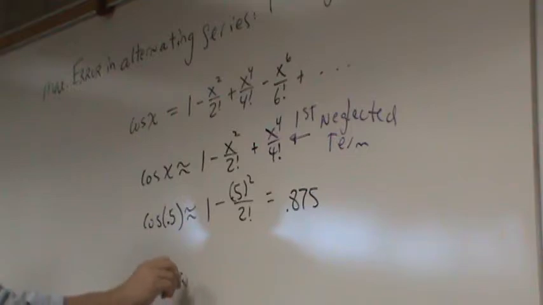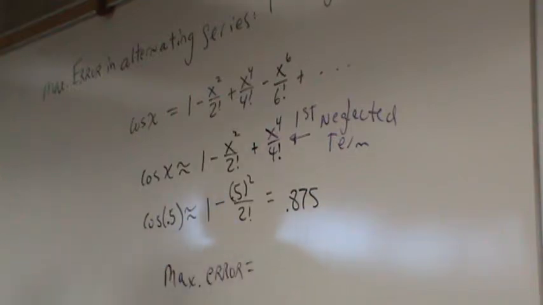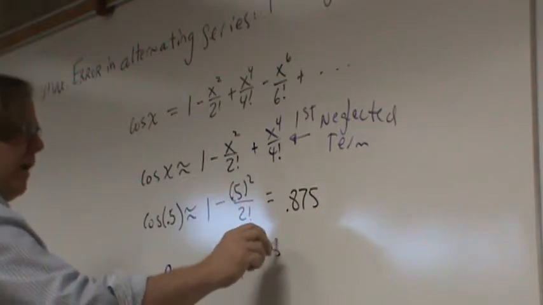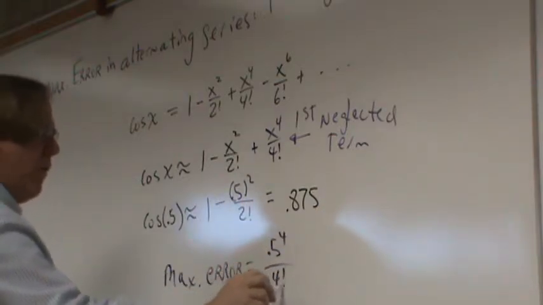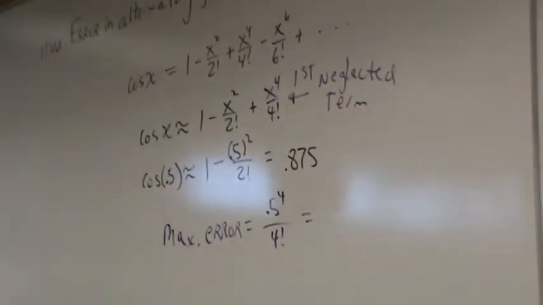So the maximum possible error is going to be 0.5 to the 4th power over 4 factorial, which is equal to, oh, I can figure that out, can't I? No, I can't. 0.0625 over 24.